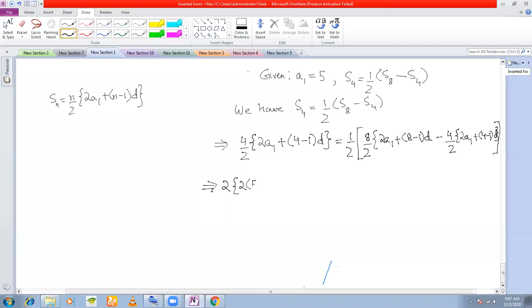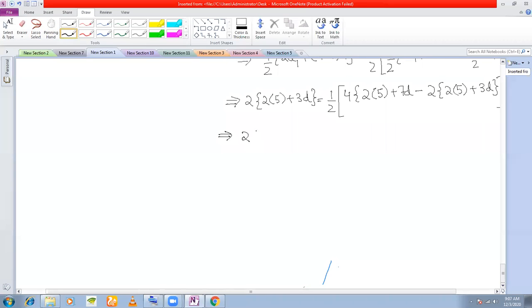A1 here is 5 plus 3D is equal to half 4 twice A1 5 plus 7D minus 4 by 2 is 2 twice A1 plus 3D. So what do you see? You see that you are actually getting equation only in D, which can be solved.